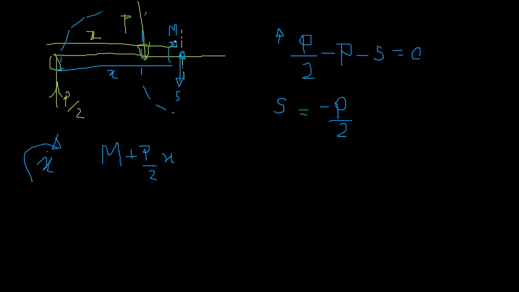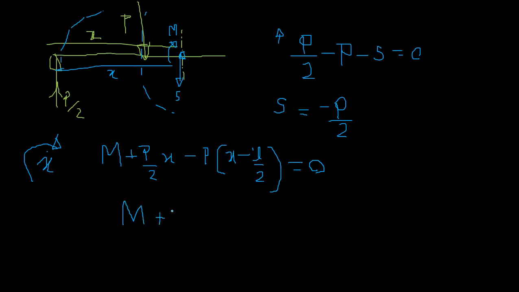So this distance is X minus L by 2, is equal to 0, right? So you can simplify.